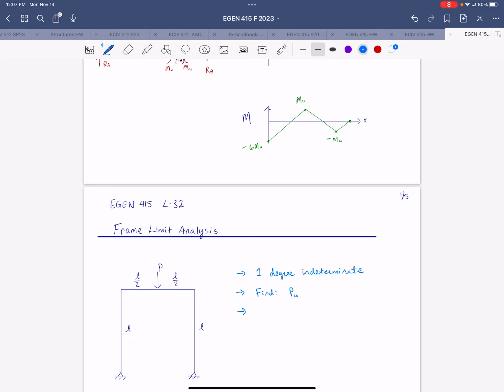Again, in reality there will be a distribution, but we also know that in the true mechanism nothing will exceed MU. In reality, MU only occurs at the plastic hinges.